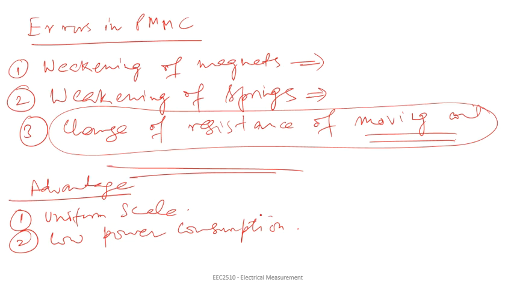The operating forces are large on account of large flux densities. So because the operating forces are very large in these PMMC type instruments due to the presence of permanent magnets, the errors due to stray magnetic fields are small. So these are certain advantages of these type of instruments.